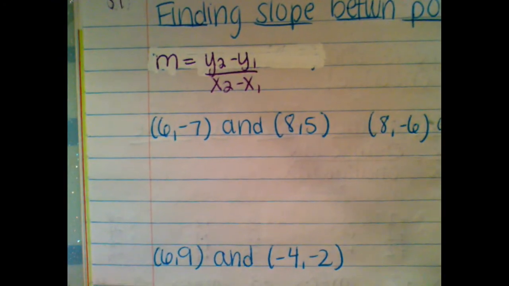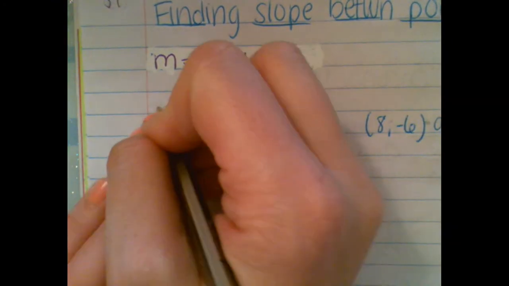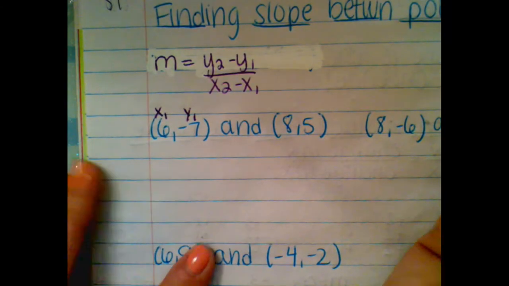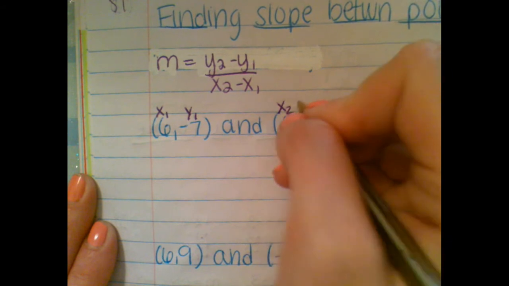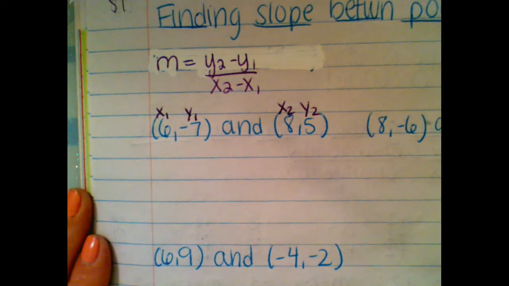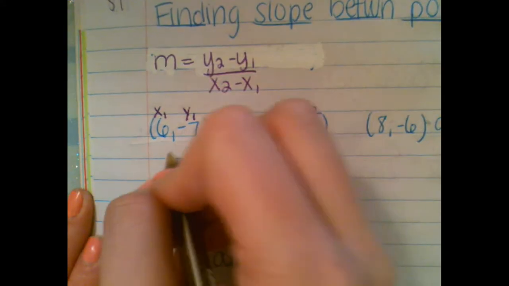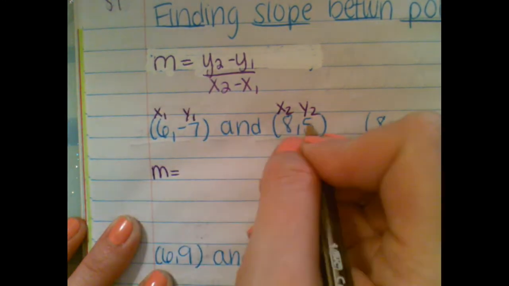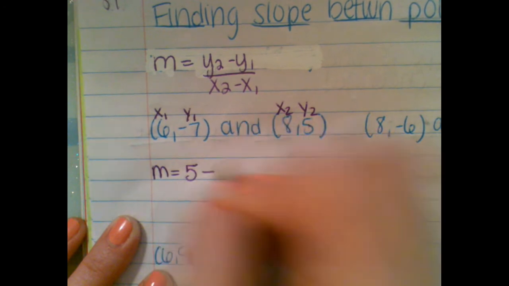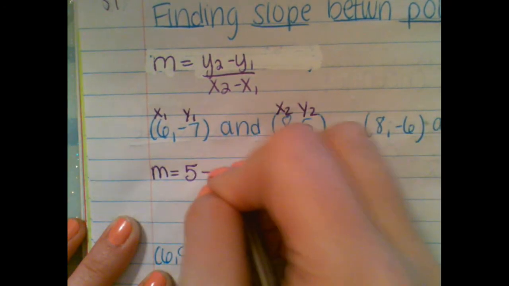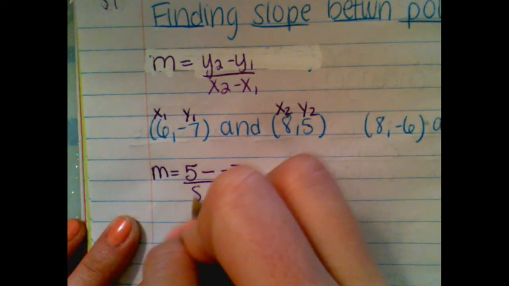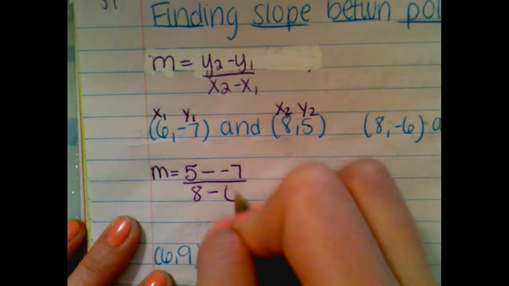Now, I know you can see two examples here, but just try to look at the first one. So in this case, here's my X1, here's my Y1. Remember, you always get an X and a Y. Here's my X2, here's my Y2. So I'm going to do M equals 5, because that's my Y2, minus my Y1, which is -7, divided by my X2, which is 8, minus 6.